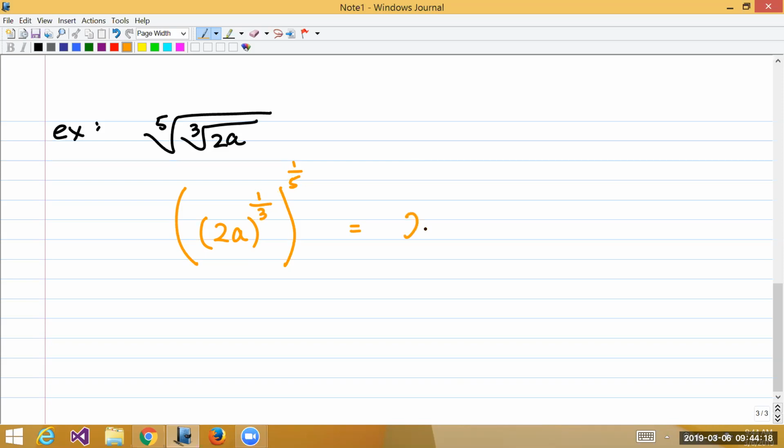So this is 2a to the power of 1/3 times 1/5, which is 2a to the power of 1 over 15. And now that we've simplified it and can't do anything more, we'll go back and rewrite this in radical notation, which means our index is 15. So we have the 15th root of 2a.